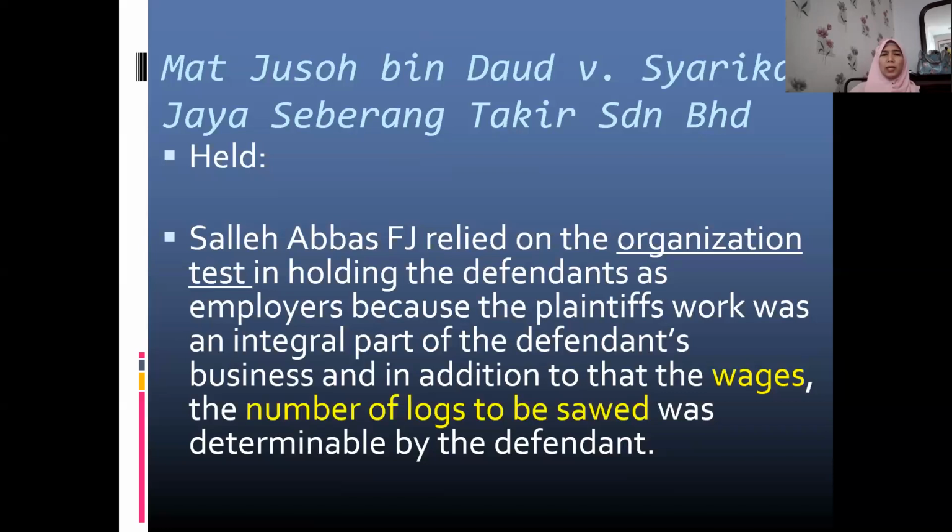So in a way, some elements of the control test were also in the organization test. Whatever work was done by Mak Yusof here is very important, an integral part of the defendant's sawmill business. It's not really accessory to it.